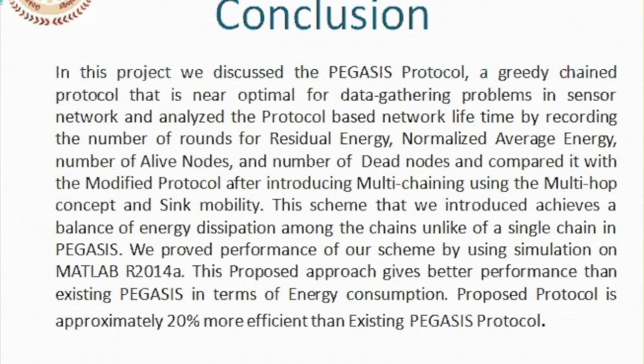We have compared these parameters for the single chain Pegasus against the modified protocol, which is the multi-chain Pegasus protocol, and also introduced sink mobility, that is the mobility at the base station. Thus, the modified version that we introduce achieves a balance of energy dissipation among the chains, unlike the existing protocol, which is a single chain in Pegasus.